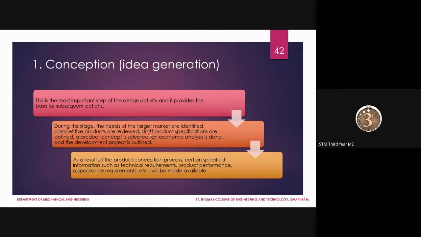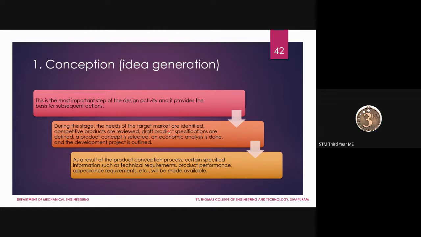Then we are drafting the product specification. So based on the needs and the competitive products present in the market, we are drafting a product specification. What all dimensions, how many products are there, how many components are present inside. So such and all, it is being reviewed and drafted.